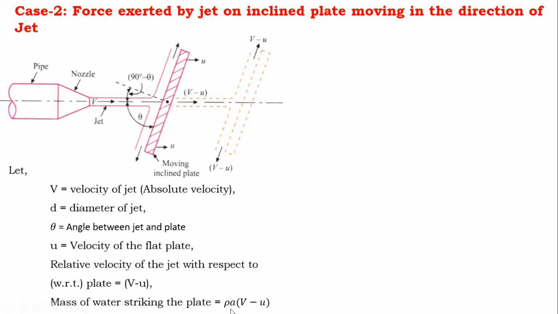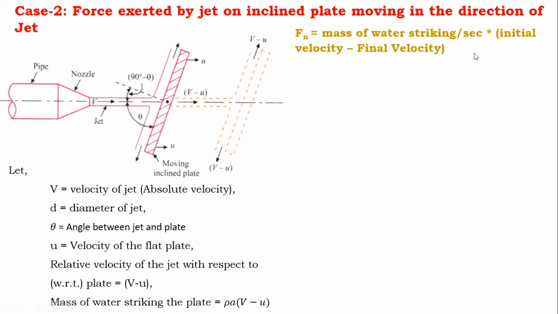Mass of water striking the plate is equal to rho A (V minus U). If the plate is smooth and loss of energy due to impact of jet is assumed 0, the jet of water will leave the inclined plate with a velocity equal to V minus U. The force exerted by jet of water on the plate in the direction normal to the plate is given by Fn is equal to mass striking per second times (initial velocity in the normal direction with which jet strikes minus final velocity).